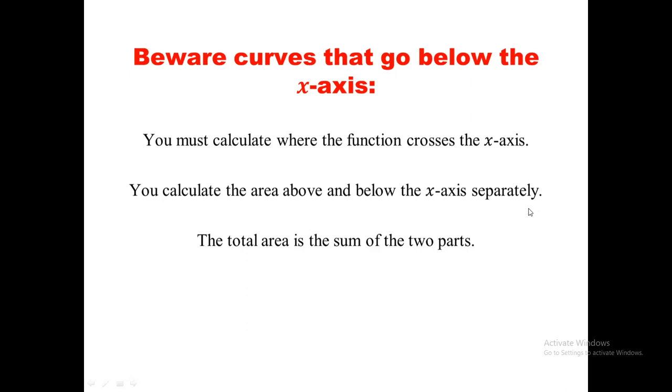Meaning you don't literally add the areas, but rather determine them separately and consider the area located below the x-axis as negative. So you have to place a negative sign before the integral of the area that lies below the x-axis.